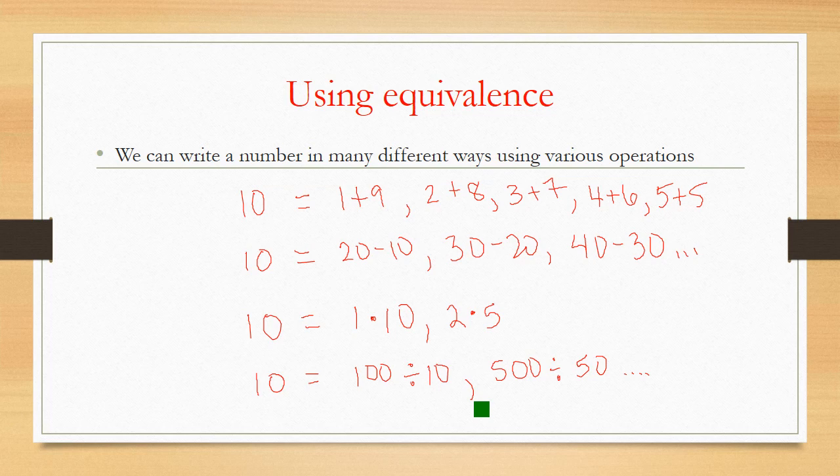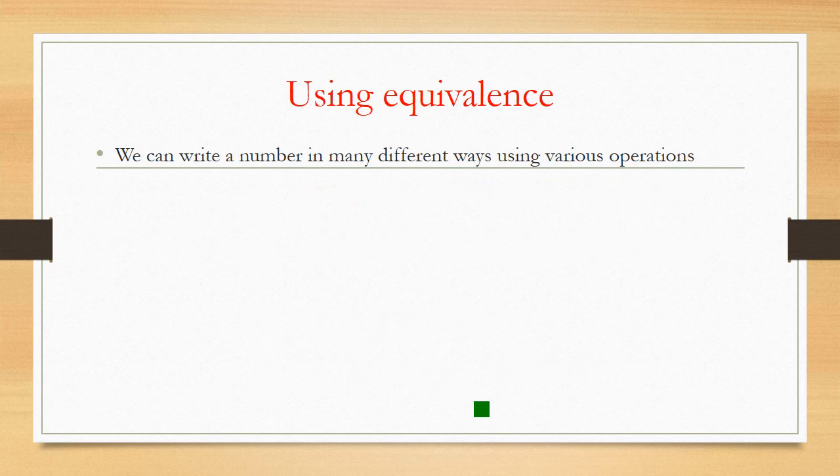But what if we wanted to rewrite a number, so an equivalent number, using more than one operation? So let's take the number 20. Let's say that we want to write the number 20 using addition and multiplication. Well, let's rewrite the number 20 as two different numbers with addition first.